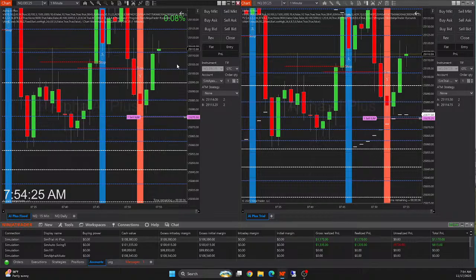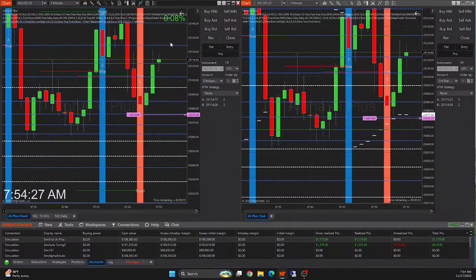If 5 bars no touch, the trade will be cancelled. We'll see.